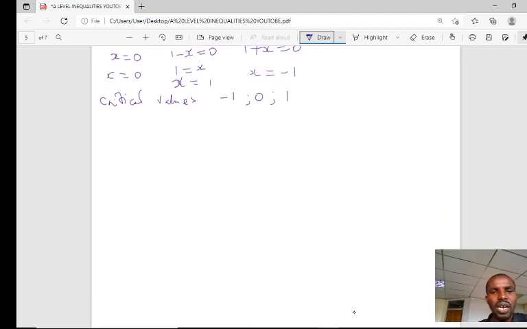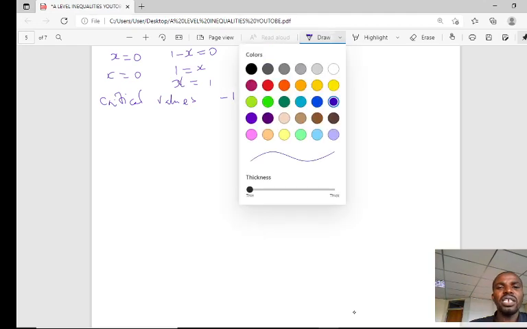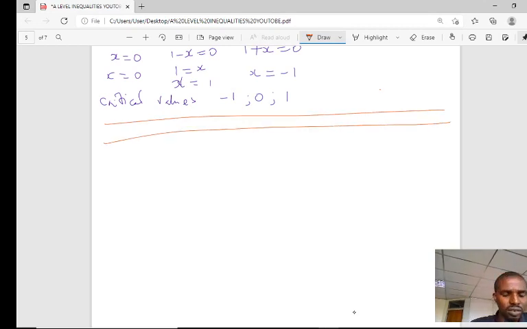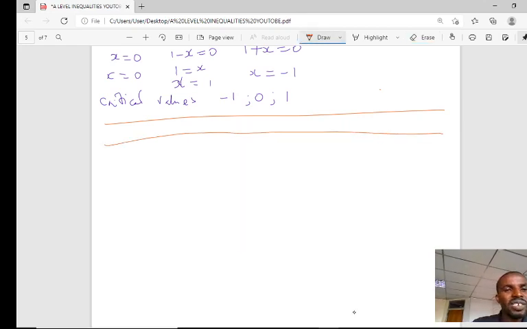Right. On this one, let's use a table of signs. Let me draw my table here. Let me erase this one. Right? Then the first one, let me put it here, my table.